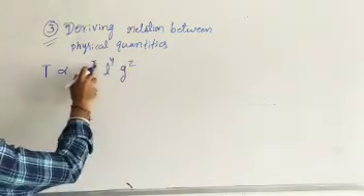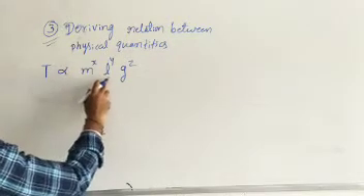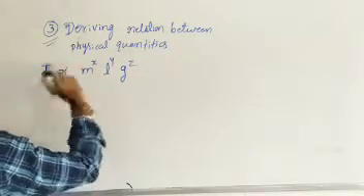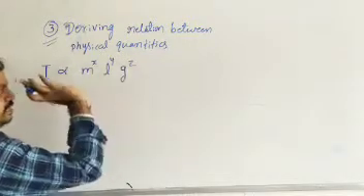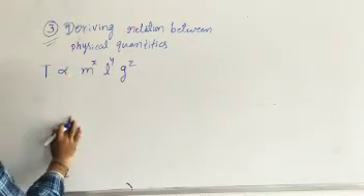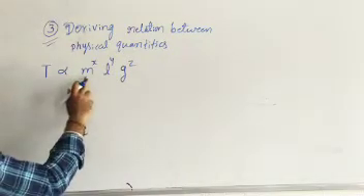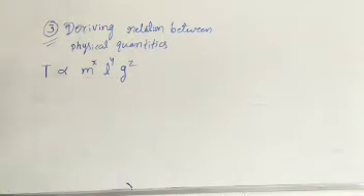Power of m we can take as x, power of L we are taking as y, power of g we are taking as z. Dimensions are nothing but raising powers for the fundamental quantities to express the derived quantities.